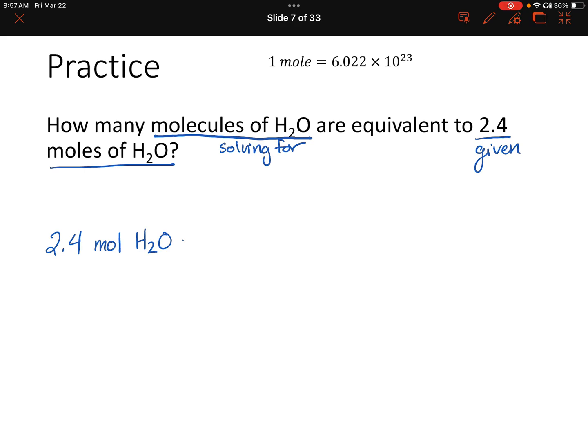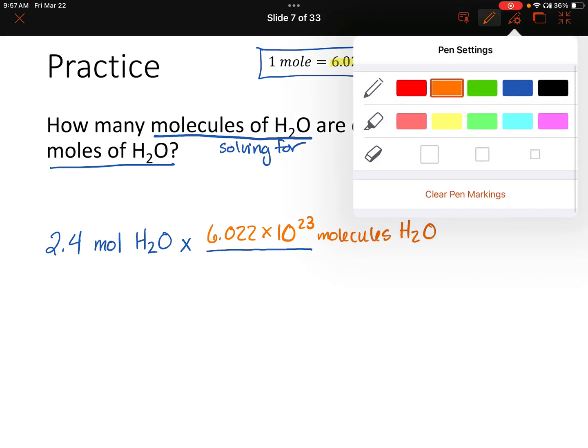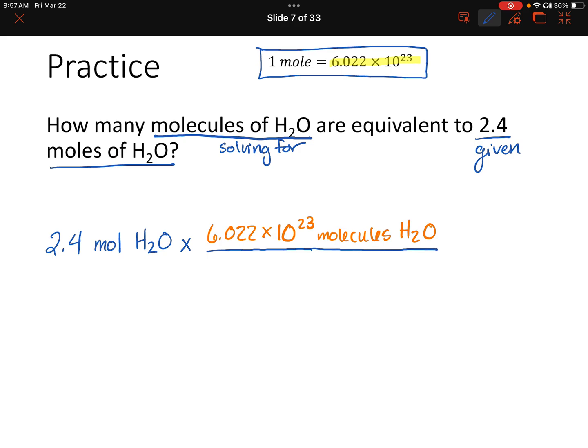So now we're going to set up our conversion factor. Now we do have our equality up above that we can use as a conversion factor. And since we're trying to count how many molecules we have, let's use the right side of that equality in the numerator, because that's what we're going to solve for. And remember, our unit can be whatever we're counting. So in this case, that will be molecules of H2O. And I'll just extend my line here.